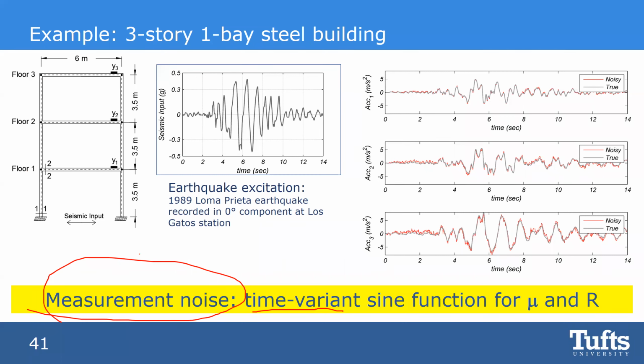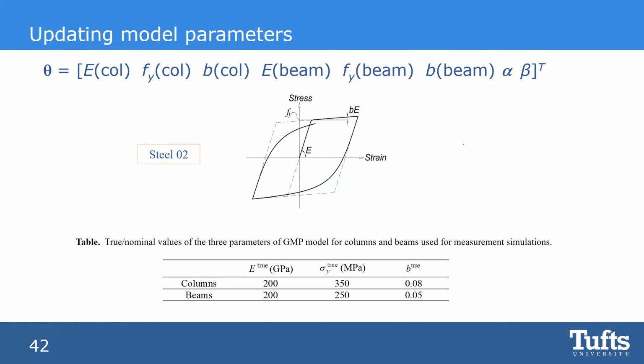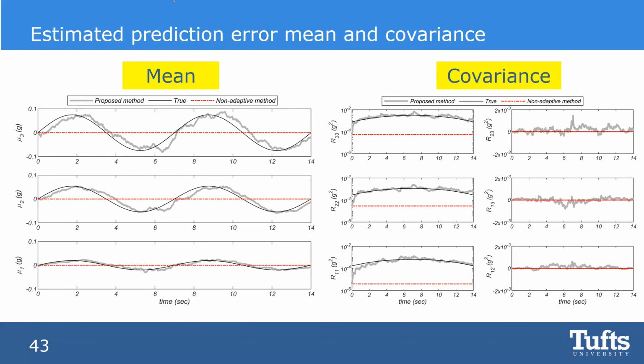Let's say that, again, a simple 3 degree of freedom system, earthquake excitation, have some measurements, a little bit of noise here, but I assume my measurement noise is time variant. My mean and covariance, both are time variant. I'm trying to update some parameters of my model, like Menegotto-Pinto-Steel model parameters. And this is what I mean when it's time variant.